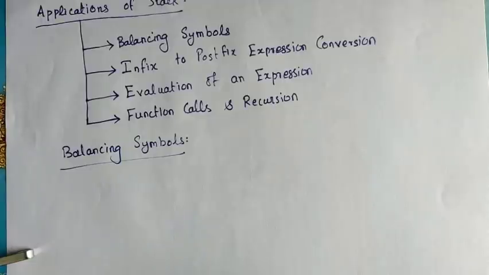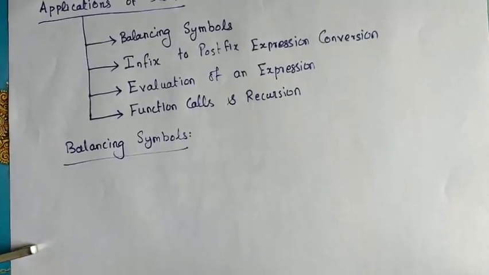So for balancing symbols, first, what is the problem here, and where is it used?